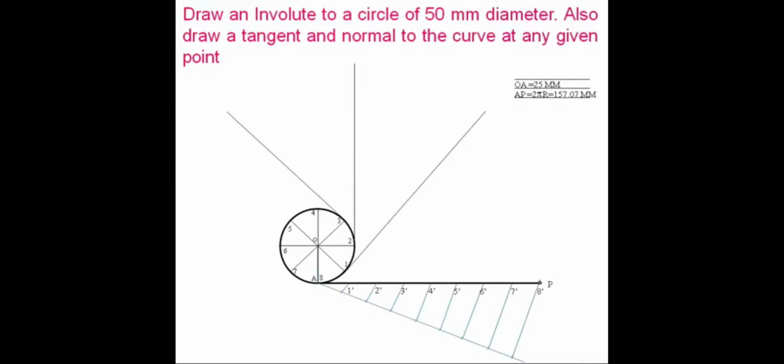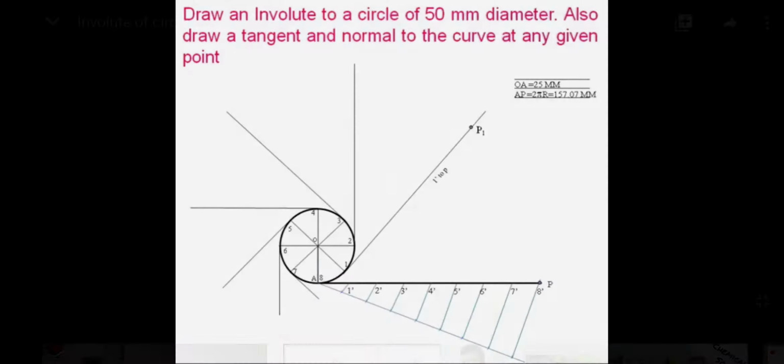And we need to draw the straight lines at 90 degrees for points 1, 2, 3, 4, 5, 6, 7, 8. Now we need to take a measurement from P to 1 dash. So this AP dash, we need to divide 157 mm by 8. After that we need to draw the straight lines.